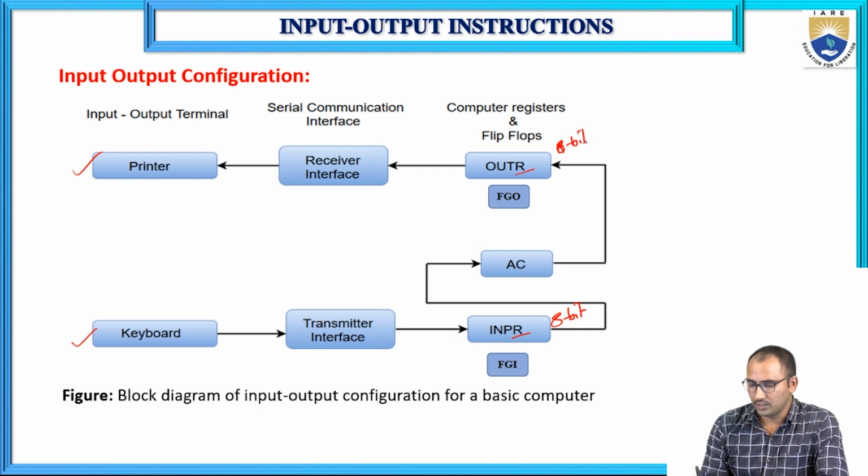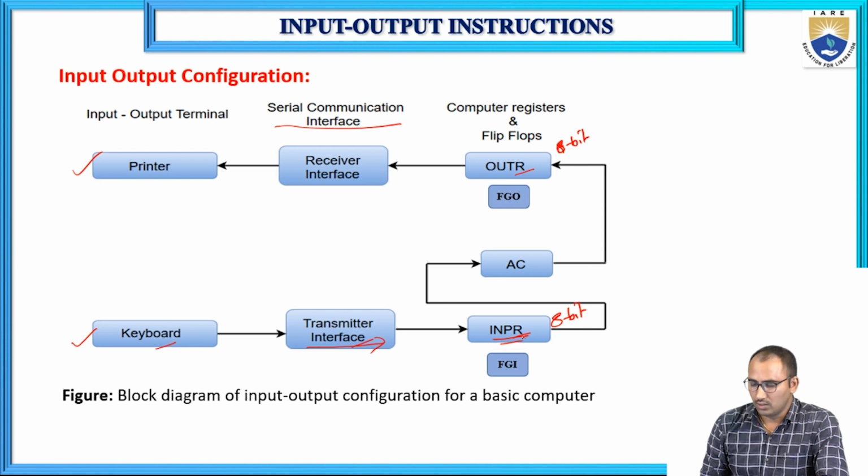Here we are using a transmitter interface and a receiver interface, which are serial communication interfaces. The keyboard is an input device. Whenever we strike a key on the keyboard, it generates an 8-bit alphanumeric code. That code is transmitted through the transmitter interface and loaded into the input register.